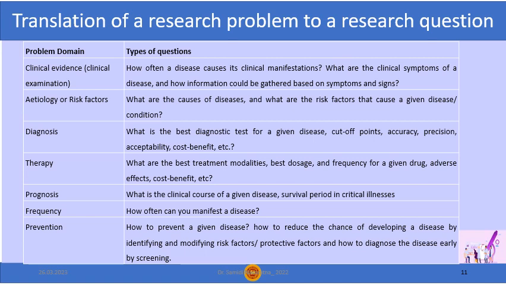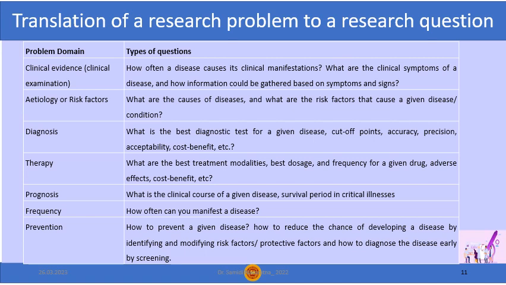So let's see how we can translate a researchable clinical problem into a research question. This table gives you the problem domains and the types of questions that you can come up with. You can add many more, but these are just some examples to give you the idea.